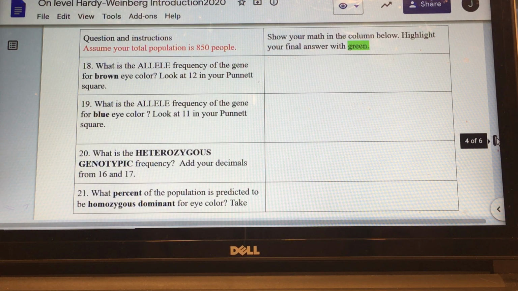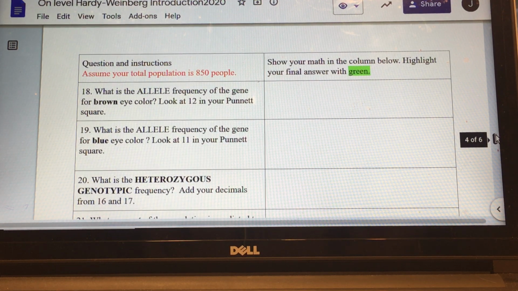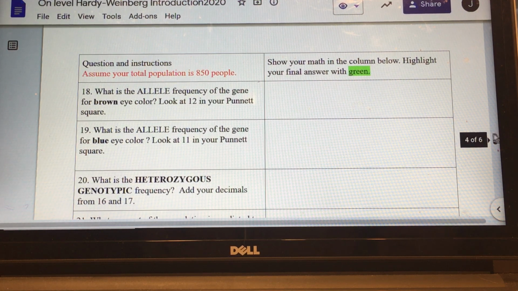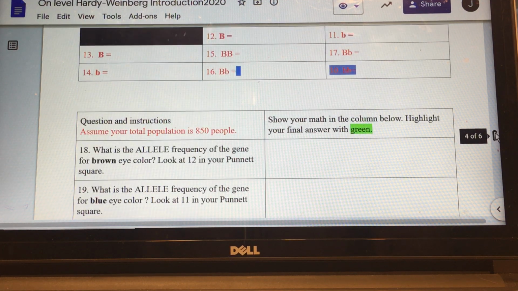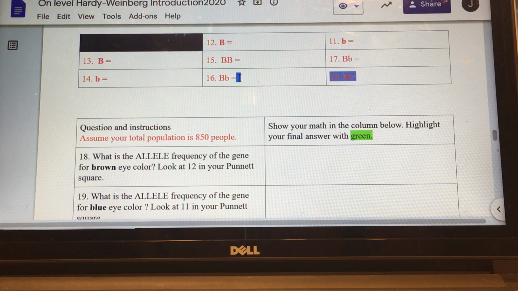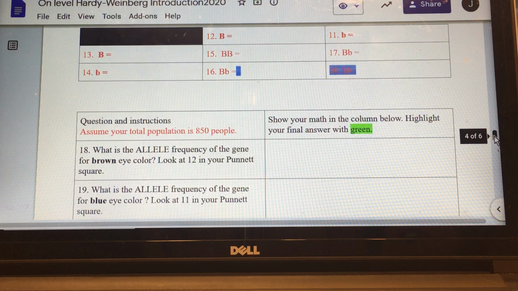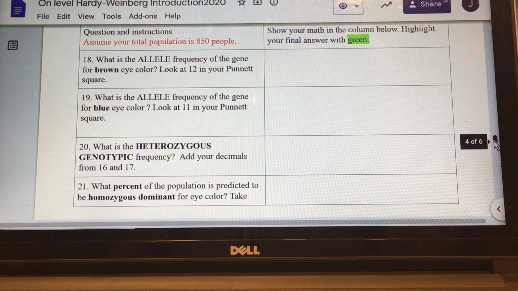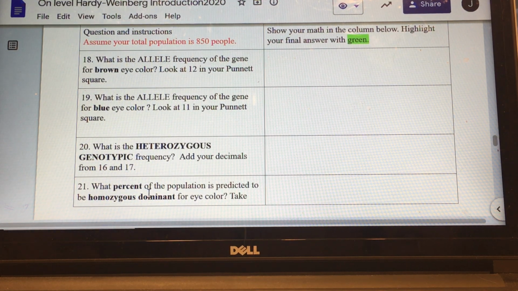Now, for number 20, it says, what is the heterozygous genotypic frequency? Add your decimals from 16 and 17. So you go up to your Punnett square, your decimal from here, and your decimal from here, add them together, and then that is your heterozygous genotypic frequency. Then it says, what percent of the population is predicted to be homozygous dominant for eye color.